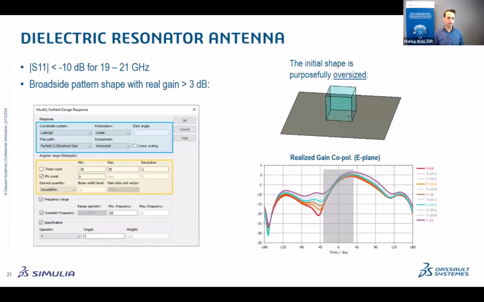I'm just taking a cut, and I'm saying from minus 35 to plus 35 degrees in theta, I would like to have it above a certain level, which I'll show in a second. I can also specify the frequency range and say, for example, I want to use the minimum value over the frequency range, but this will cause jumping between frequencies in terms of the objective function.